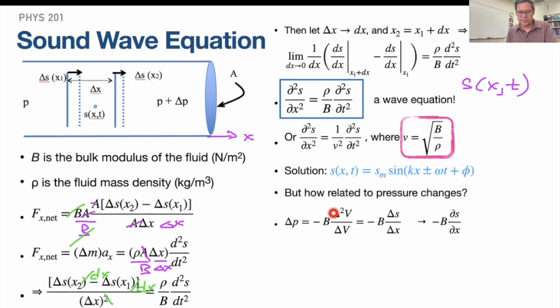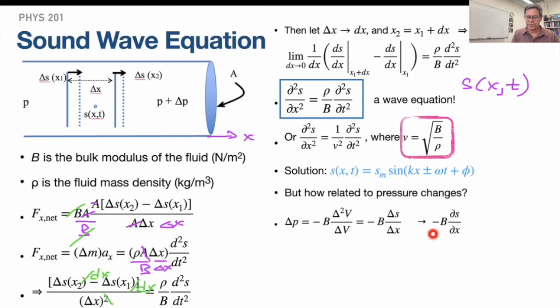Change in pressure is the negative of the bulk modulus times the relative change in volume, delta V over V. But that relative change in the volume is just going to be delta S over delta X. Delta S is the net change in the displacement of the fluid element over the net extent delta X that it extends over.